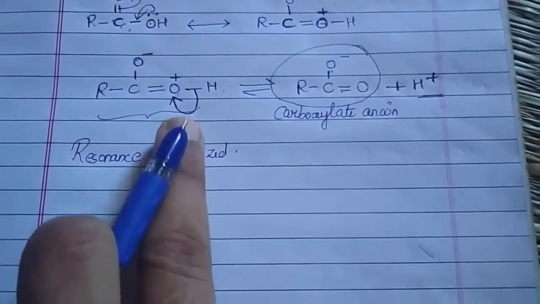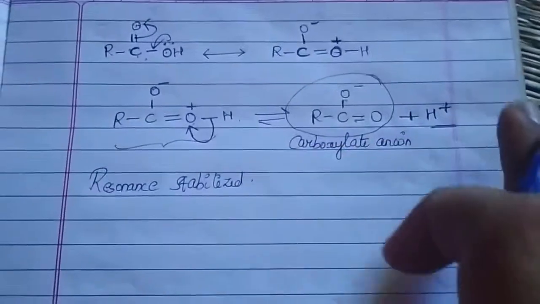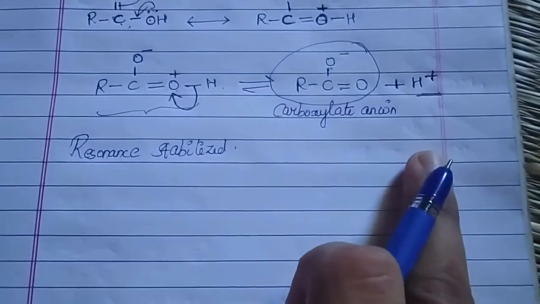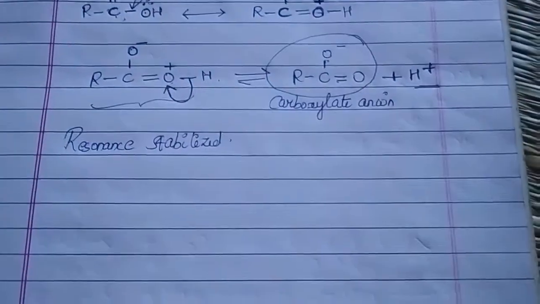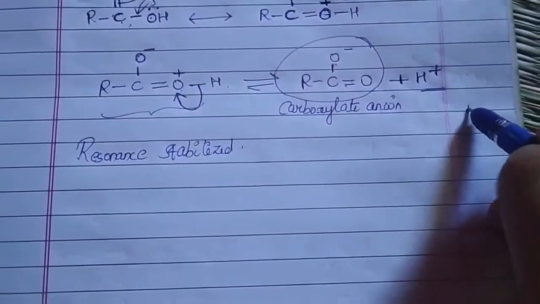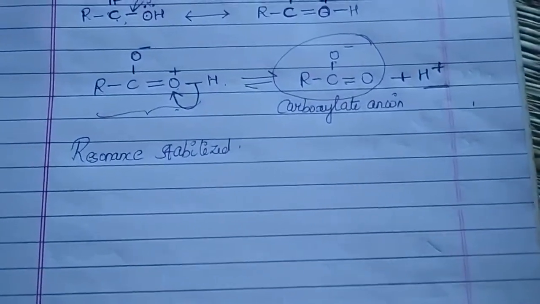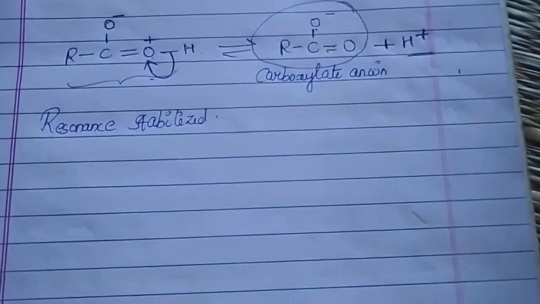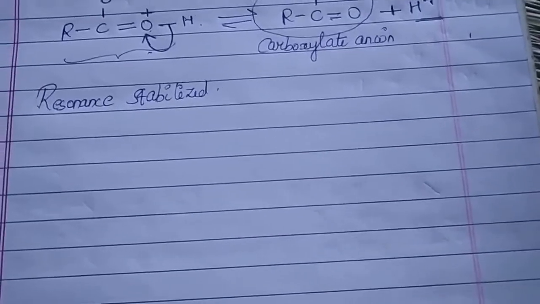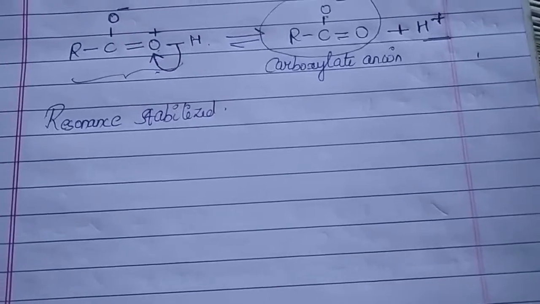Therefore, the carboxylic acid can only go to the carboxylate anion by donating a proton. So that is the reason the carboxylic group is called an acidic group. Through the donation of a proton, the carboxylic group is jumping to the most stable form, which is the carboxylate anion.